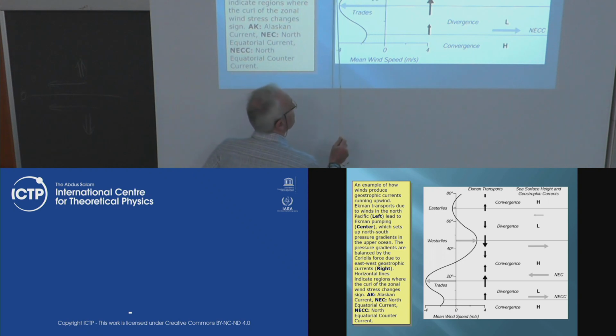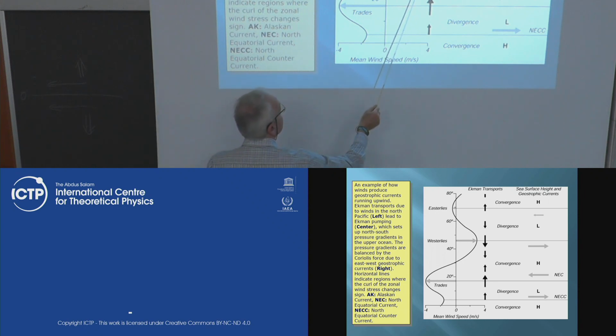Then in the mid latitudes where we have westerlies, we have southward transport. As a consequence, in this belt around 45 degrees, we have convergence in the ocean due to the Ekman transport. And we have a divergence in the area where easterlies meet westerlies.